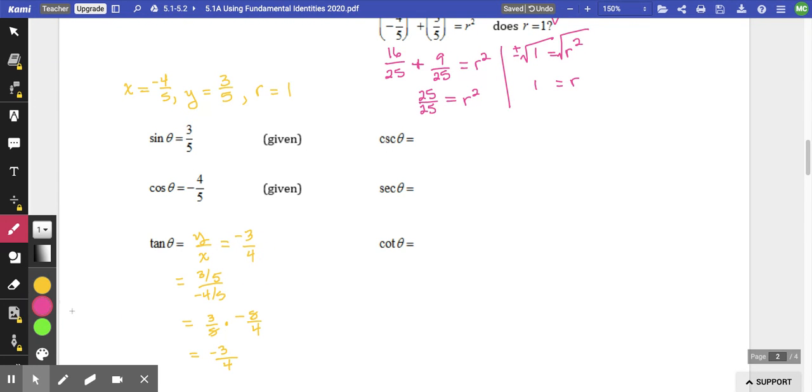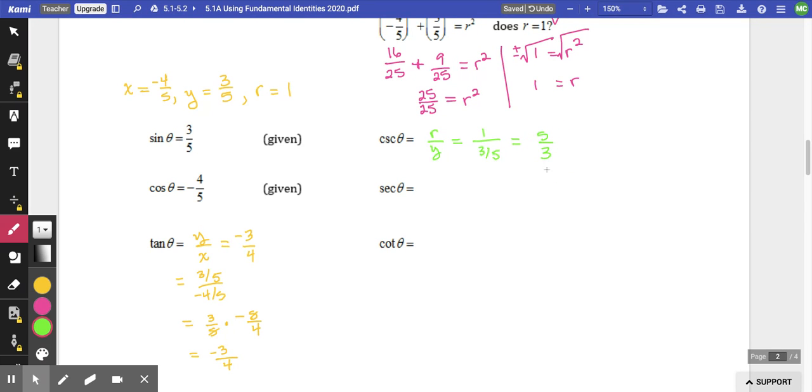Next up, I've got cosecant of theta. So cosecant of theta is, in terms of x, y, and r, r over y, the reciprocal of sine. So in this case, my r, of course, is 1. My y is 3/5. 1 divided by 3/5 is the same as 1 times 5/3.